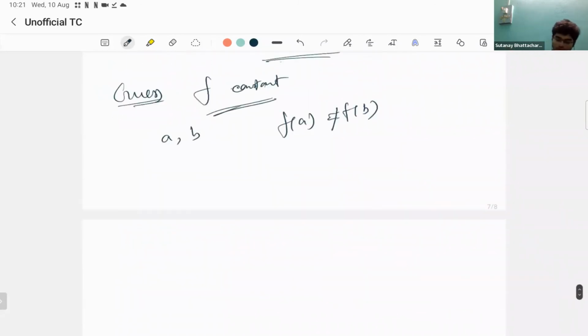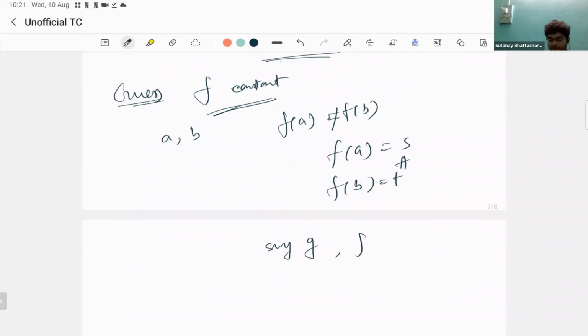So we have basically reduced this problem to some sort of construction. So suppose f of a is s and f of b is t, which are not equal. So we have to come up with some surjective function g, such that f plus g is not surjective. So try that.